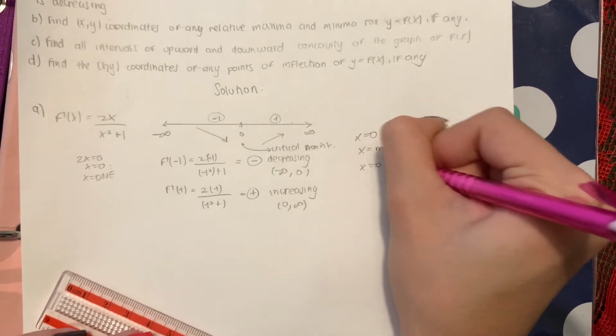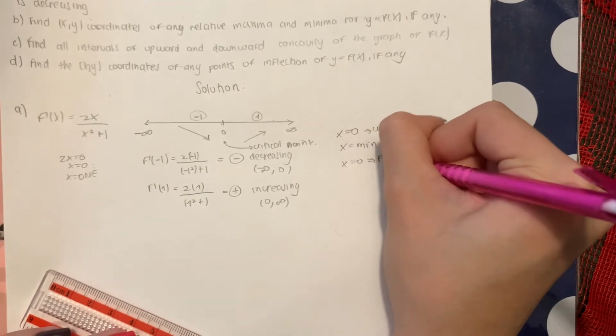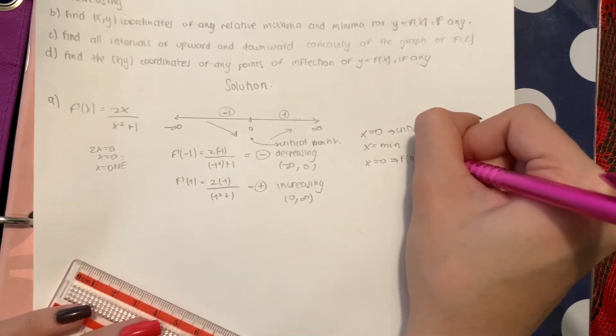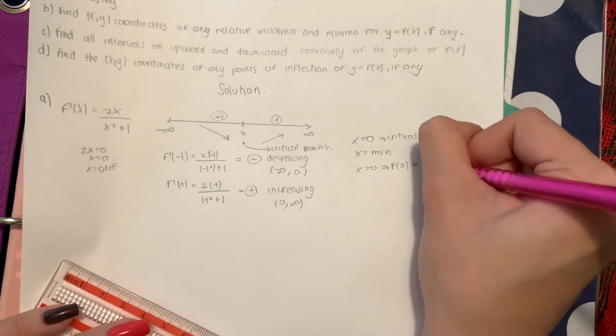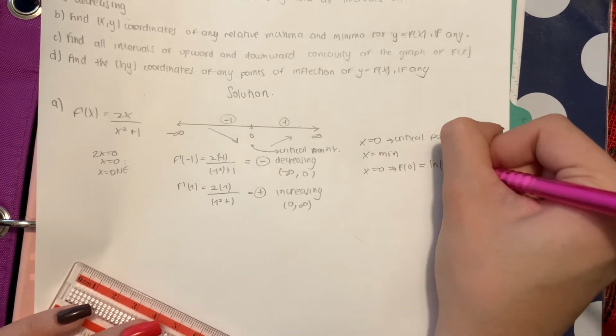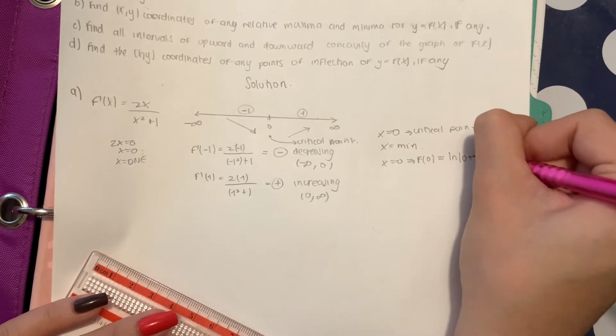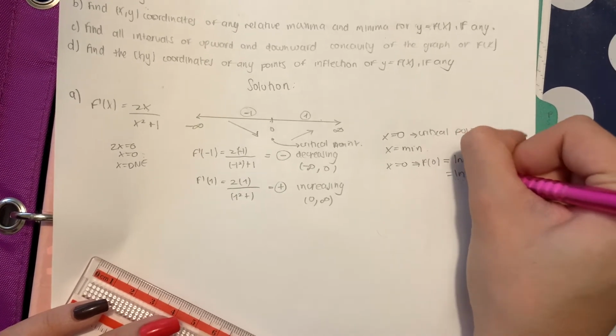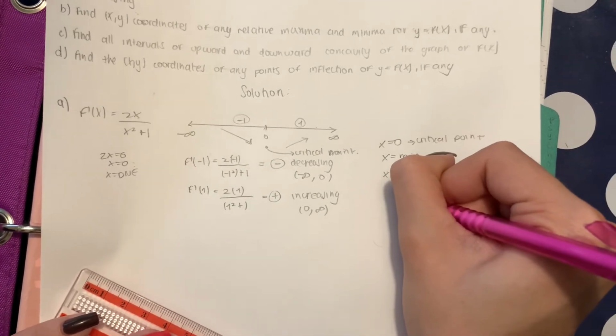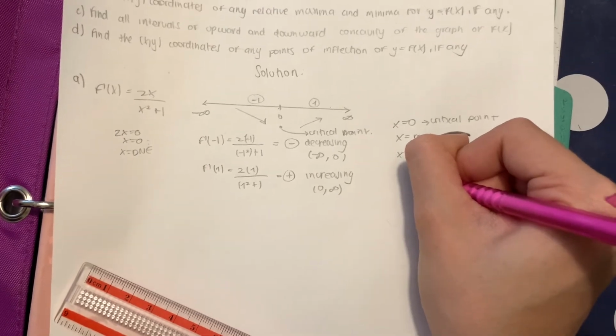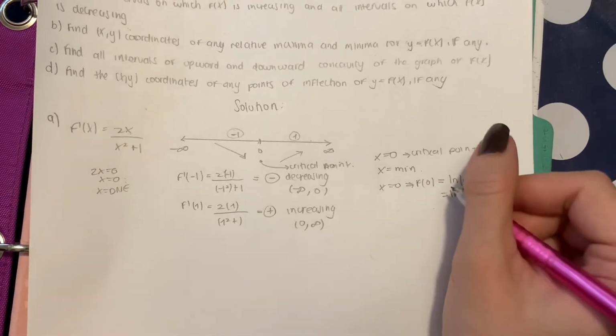We plug just the 0 in for x, which means it's 0 plus 1, which is just 1, and the natural log of that is just 0. That means our minimum point is going to be at 0, 0. So x and y are both 0.